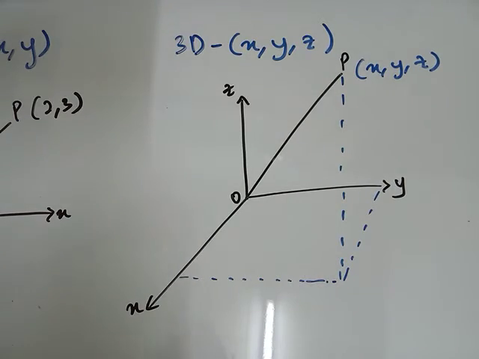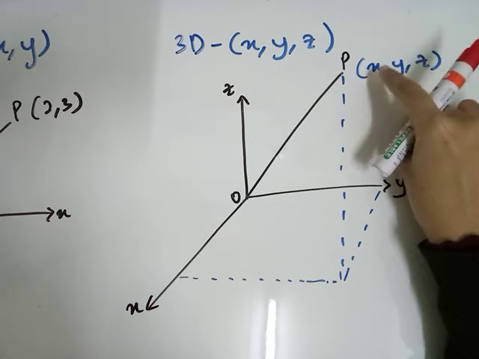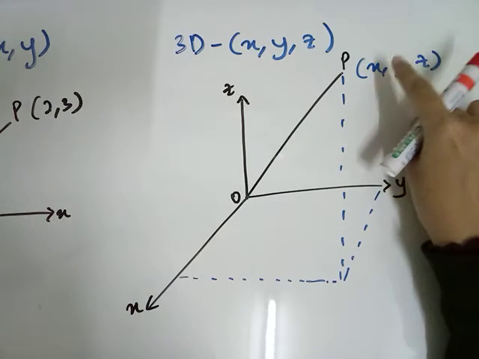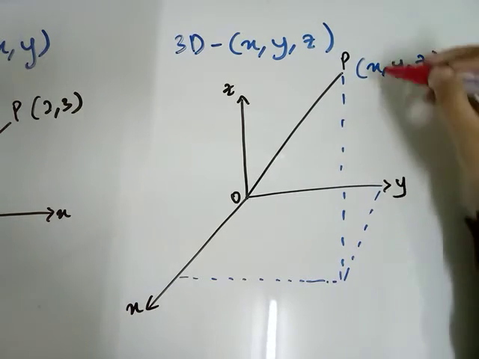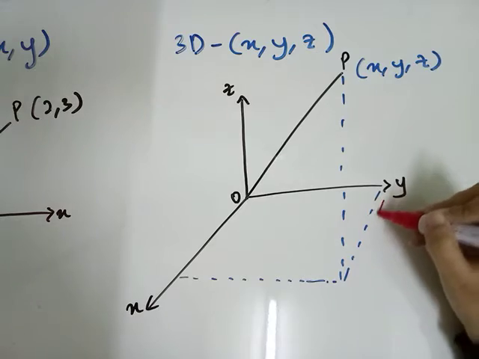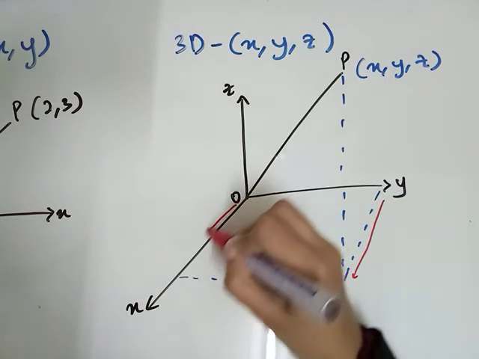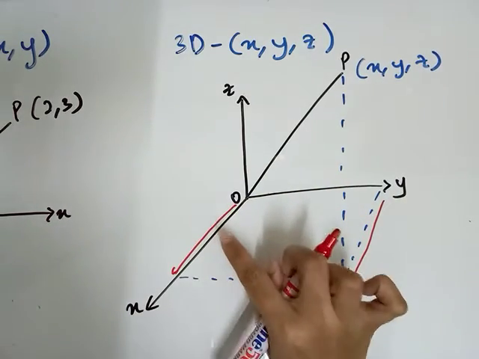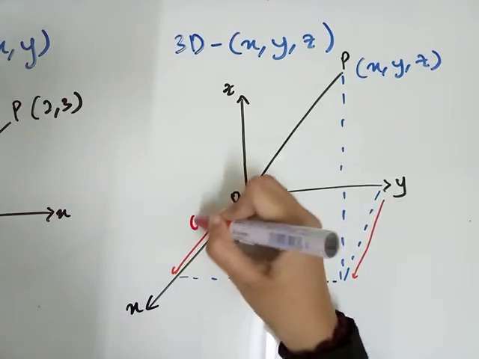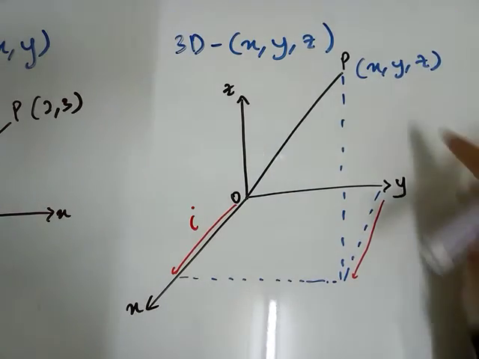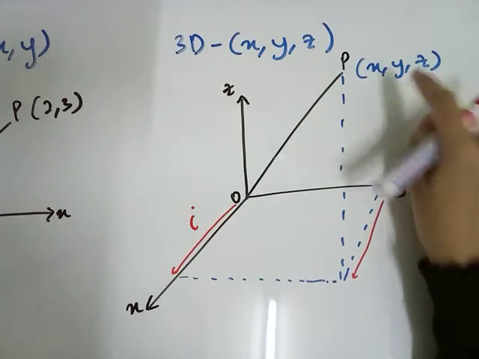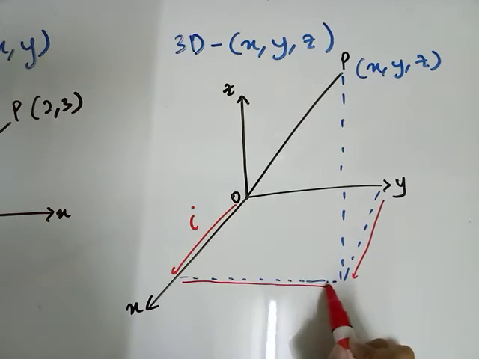Okay, we want to know the position for x. We know that x is parallel to the x-axis here. So the position for the x-axis is denoted as i. For value y, it is parallel to the y-axis.